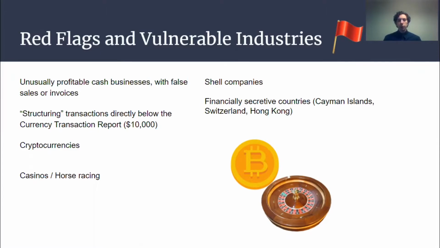Another thing that we look for is transactions that are structured to be directly below what's called a currency transaction report. Anytime that a bank receives more than $10,000 in a day from any individual person, they have to report it to a government agency. And if you're laundering money, you don't want the government to know about that.